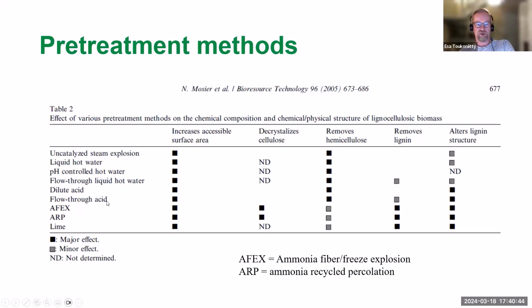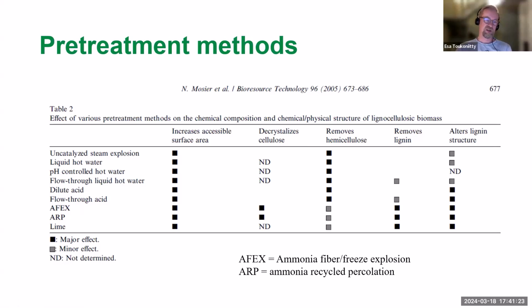Removes lignin: some methods have potential to remove that. Some methods might alter it. If you remember, the lignin was this non-sugar polymer matrix, so it contained aromatic organic molecules which are useful components for fuels as well, but in the earlier days the lignin has been the most difficult material to process further. The pulp and paper industry separates these three components, and often the lignin is simply burnt.